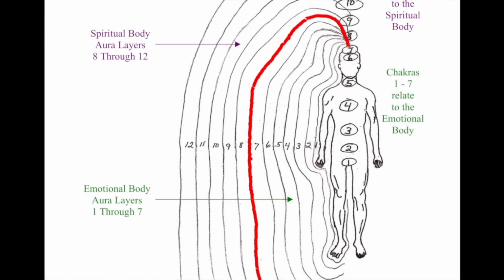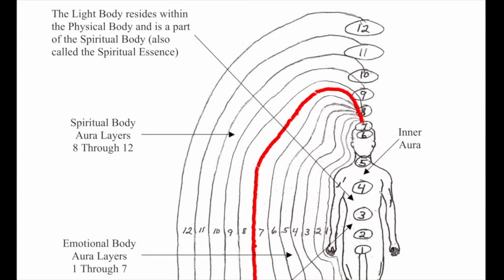Now, the aura has 12 distinctive layers, and the first 7 layers of the aura relate to your emotional body. So the first layer starts right up around the skin and goes out, and those 7 layers are associated with the emotional body. The 8th through the 12th layers of the aura are associated with your spiritual body.